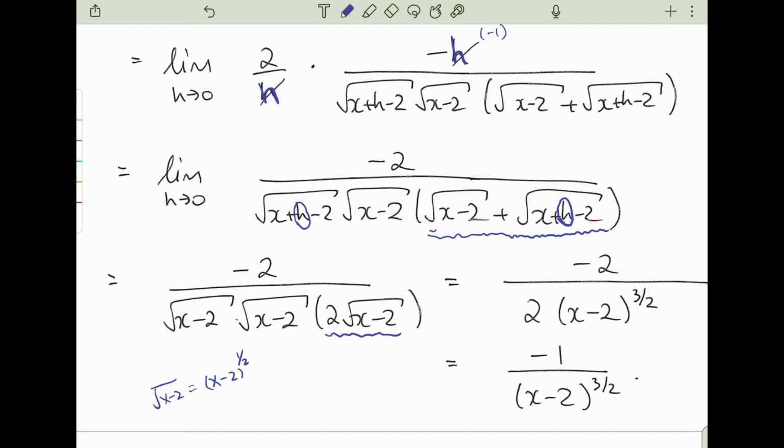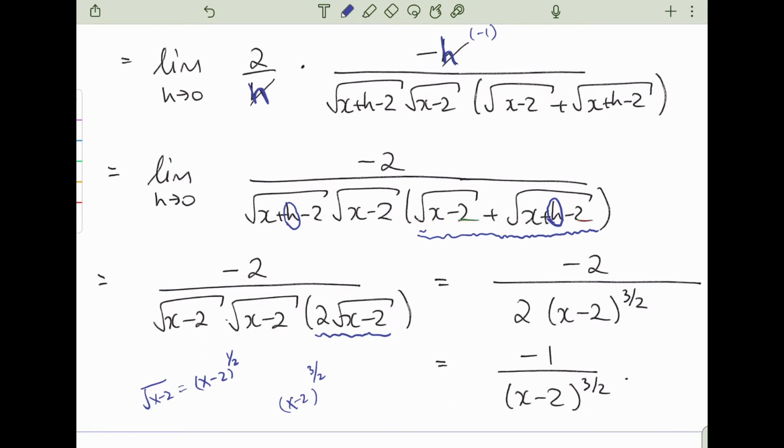So that is x minus 2 to the 3/2 in the bottom.